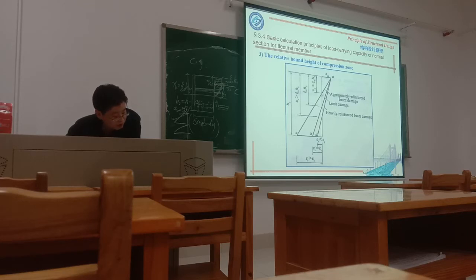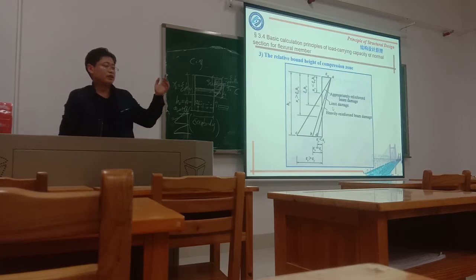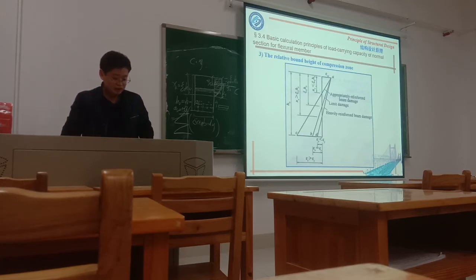Once the height of the compression zone is smaller than this value, it is appropriate reinforcement. Actually, it cannot be too small. If too small, that means an under-reinforcement issue. But this figure only tells you the boundary between over and appropriate reinforcement, just this CB point.